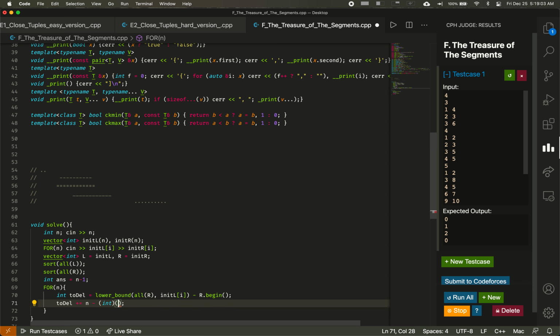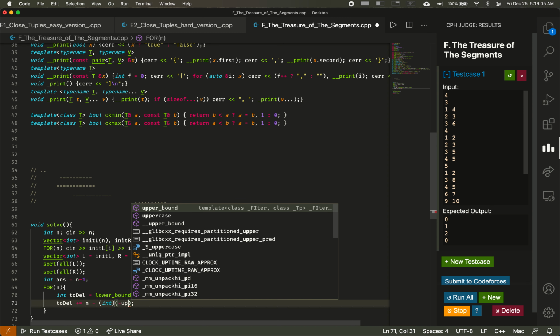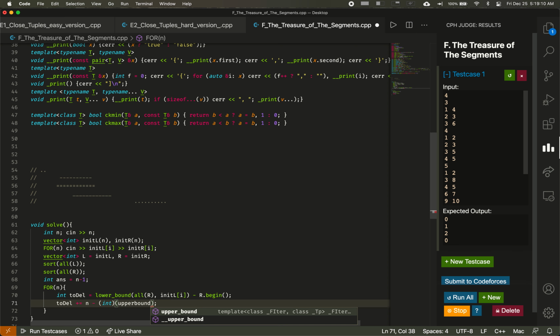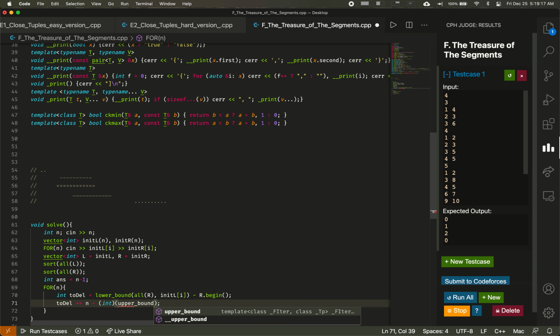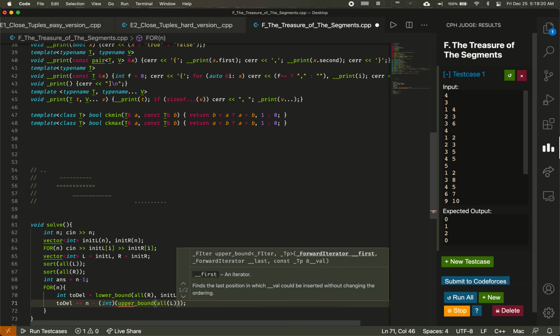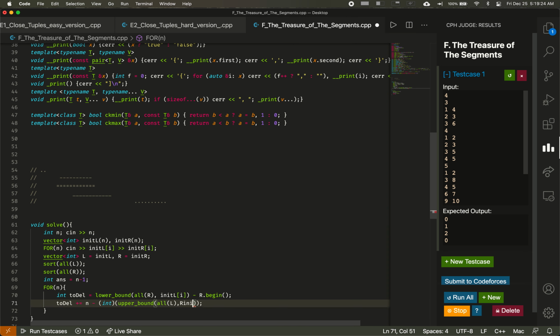What would this be, lower bound or upper bound? This would be upper bound of all R, init R i, then minus R dot begin.